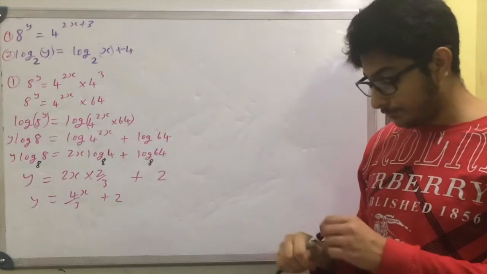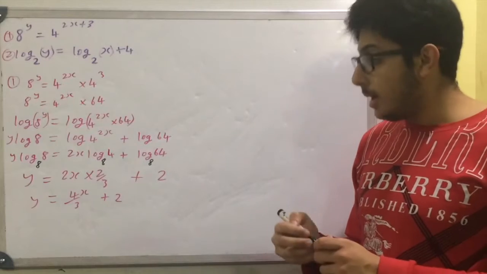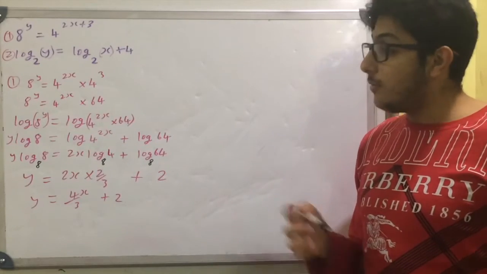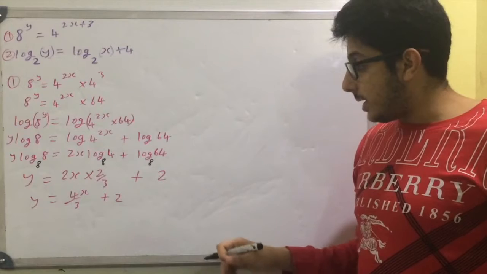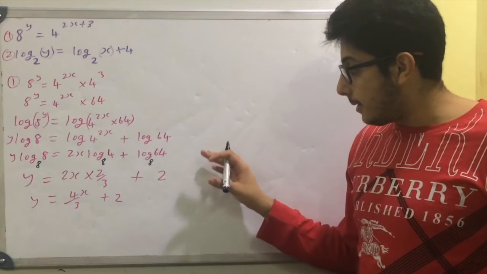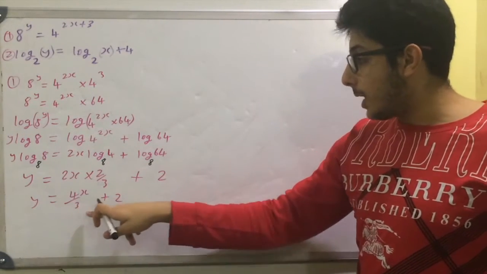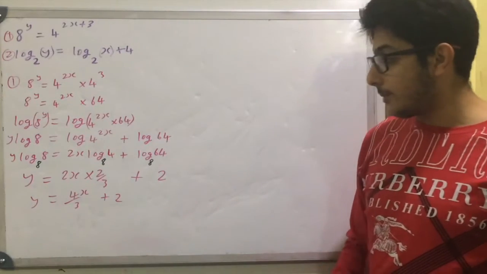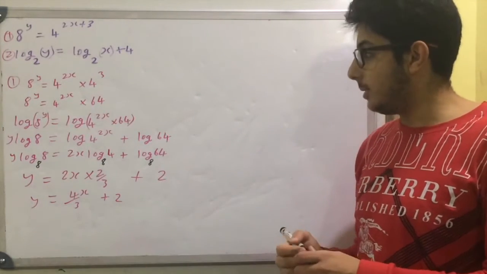Alright, you end up with y is equal to 4x over 3 plus 2. You could have used base 2, in which case you will get 3y is equal to 4x plus 6. Alright, basically the same thing as this, just multiplied by 3.